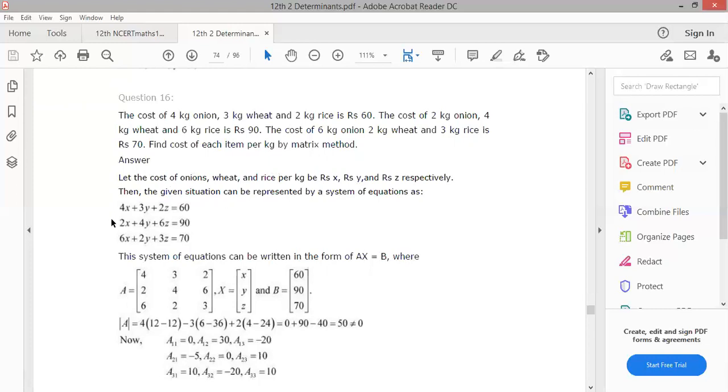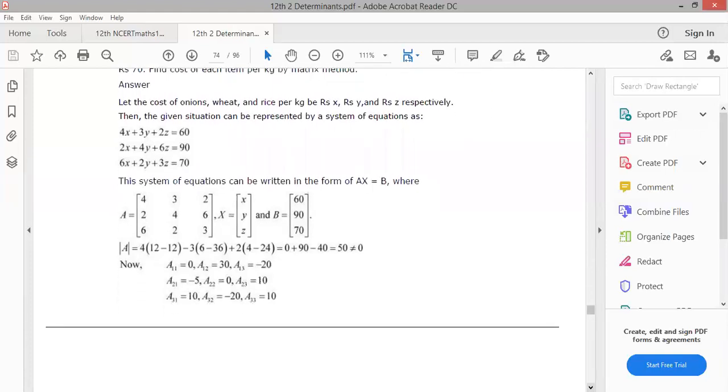Okay, we will write it in matrix notation like this. 4 kg of onion means 4x, 3 kg of wheat means 3y, and 2 kg rice means 2z. Similarly for the other two equations. Here is the cost accordingly. Now, this is the system of equations in purely algebraic form. We will write it in matrix notation.